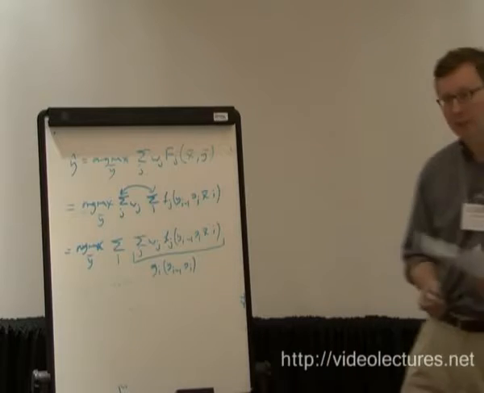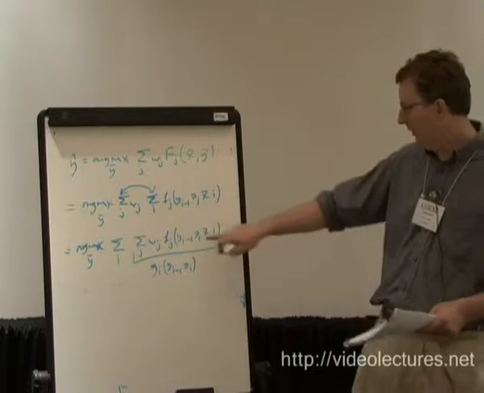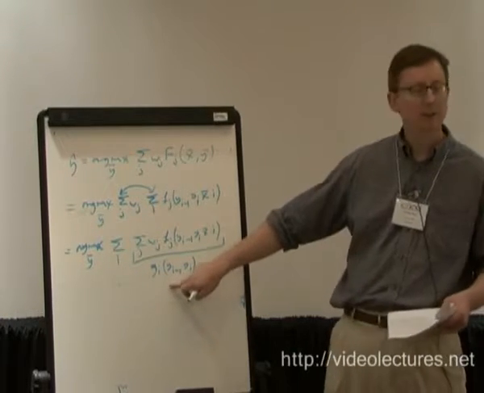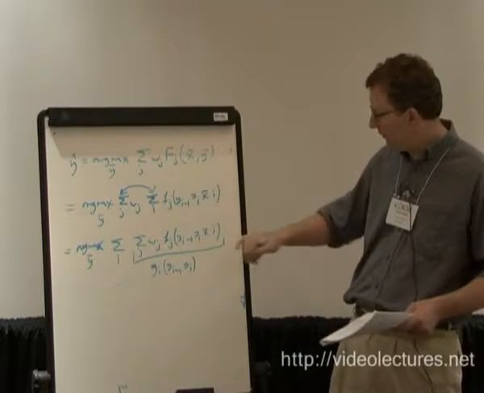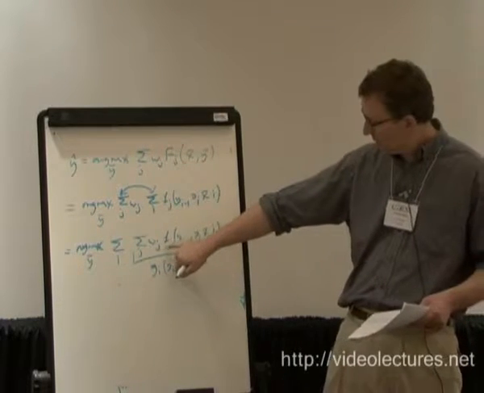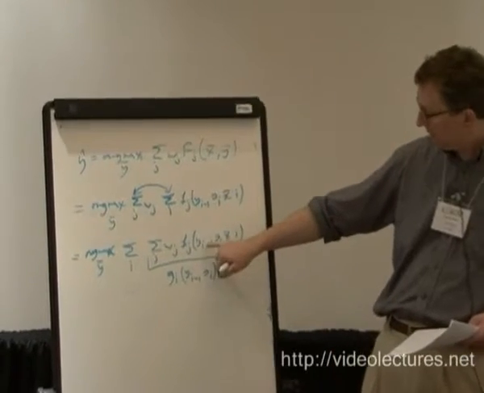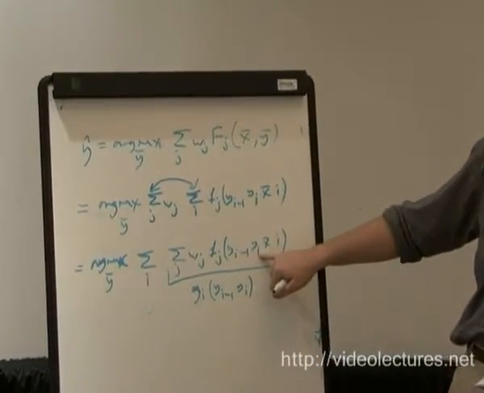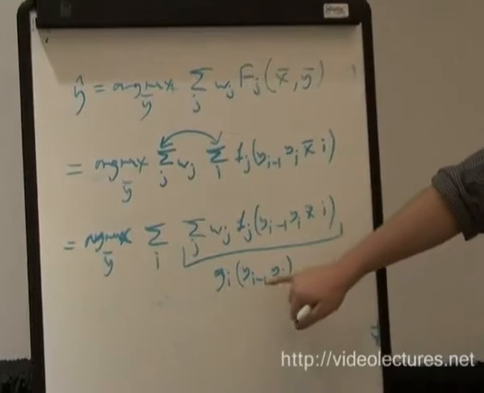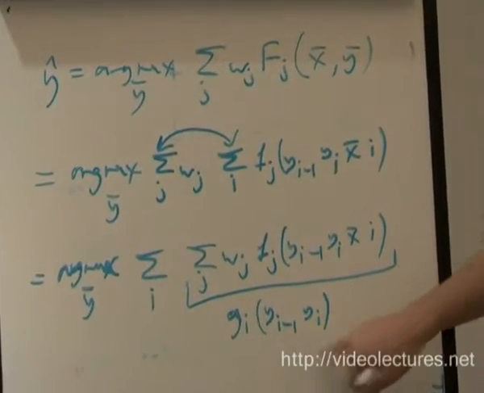So in going from here to here, this function is a function of yi minus 1 and yi. And so I still have those arguments, yi minus 1, yi.